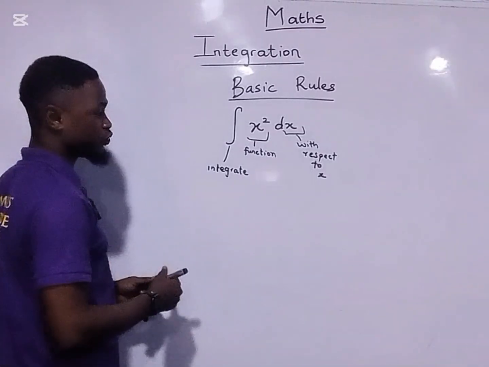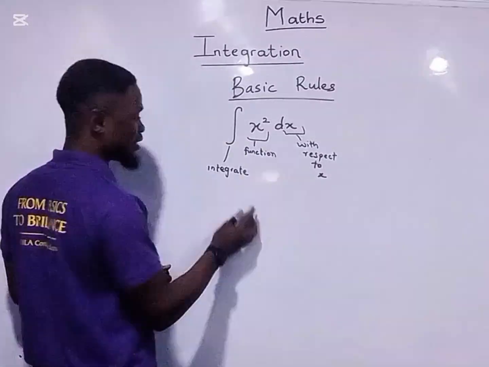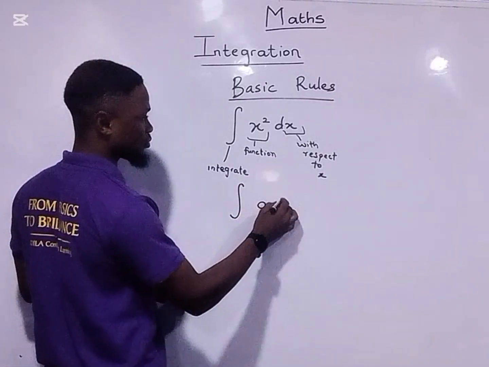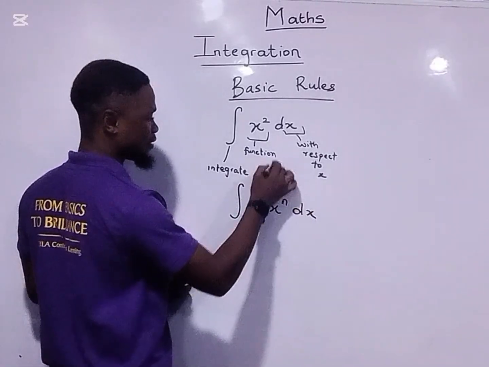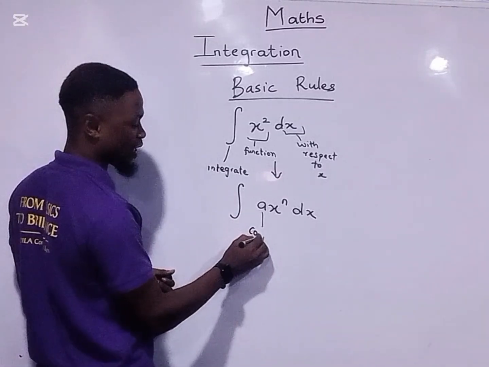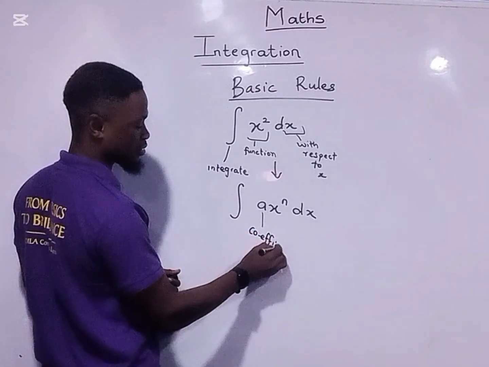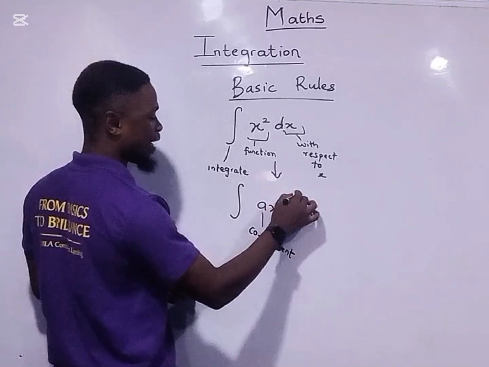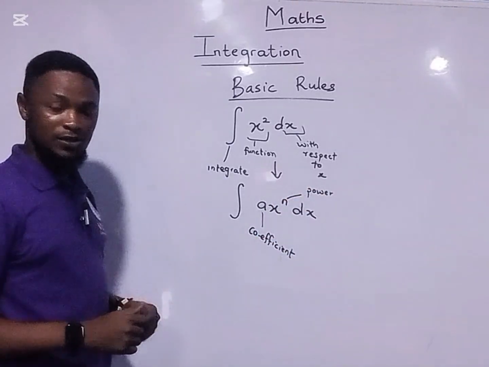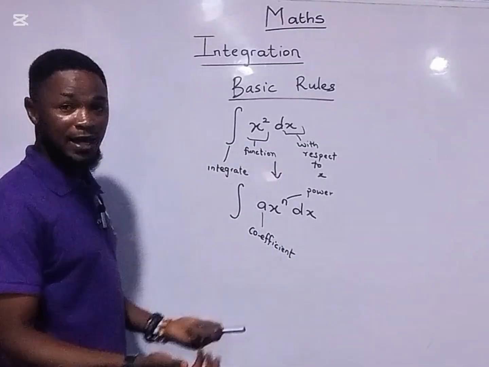So the formula for integration is: integrate a x to the power n with respect to x. Here, a is the coefficient of x, and n is the power of x. When I say a x to the n, it can be anything.